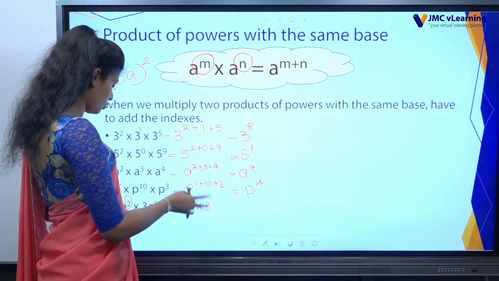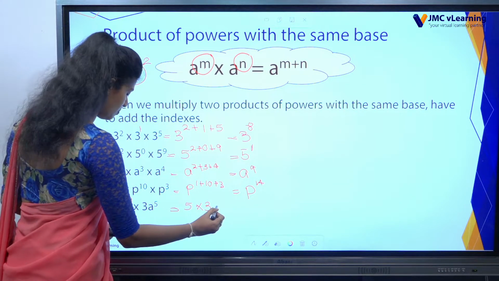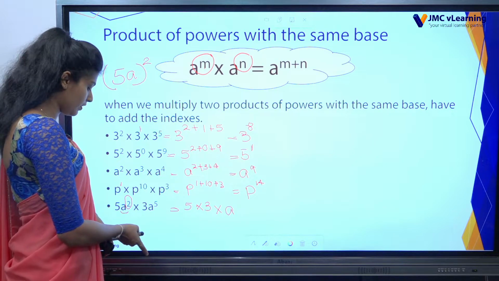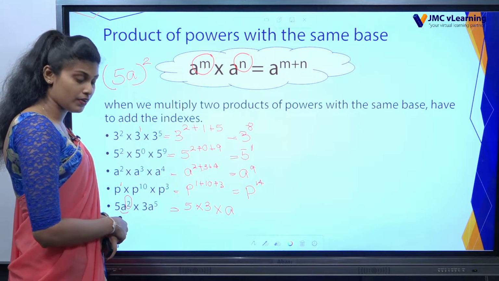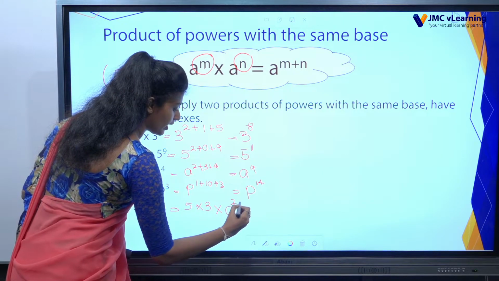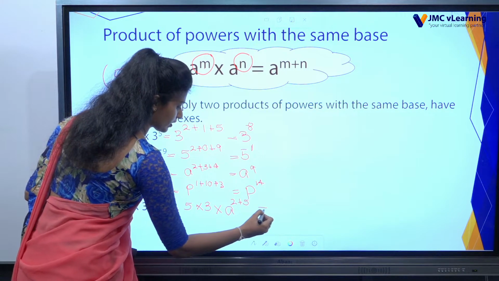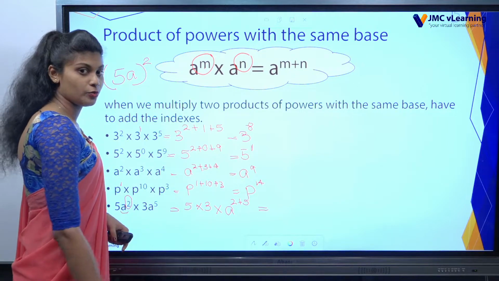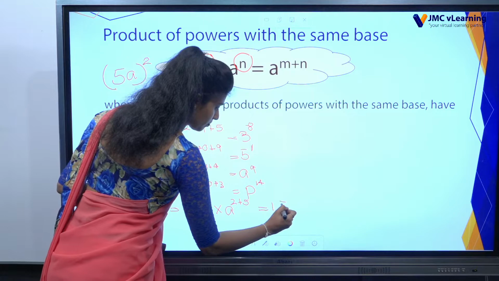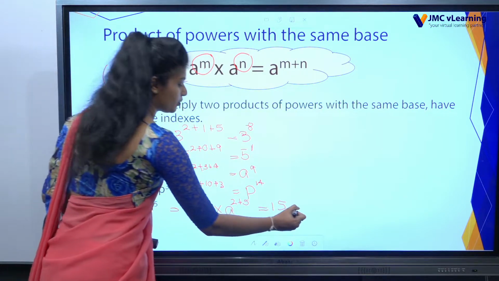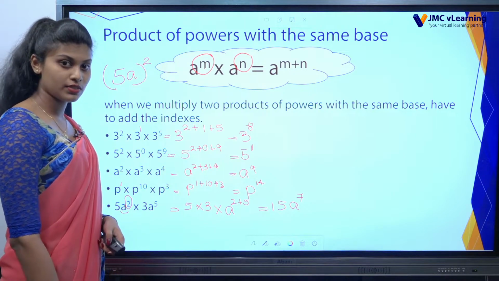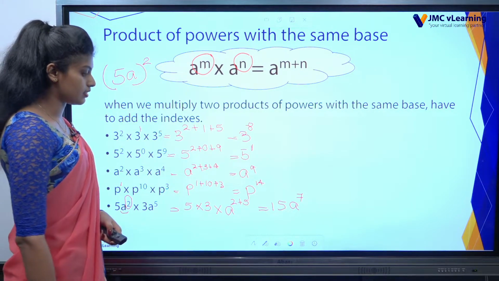Let's multiply the numerical values. Then the bases are a to the power 2 and a to the power 5. Then what do you have to do to simplify this answer? Have to add the index. Then 2 add 5. When you multiply the numerical values, the answer is 5 into 3, 15. Then a to the power 7. This is the way to simplify these answers.